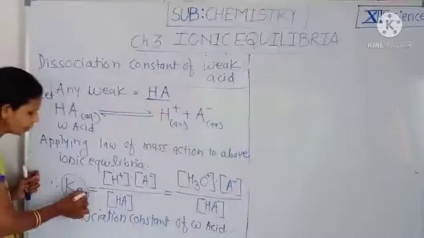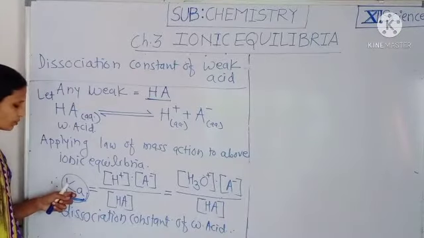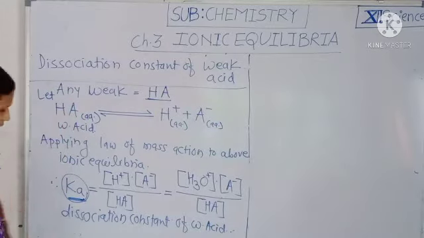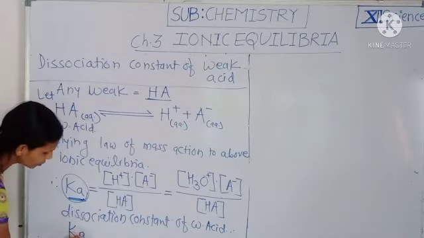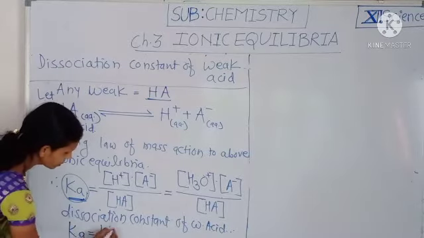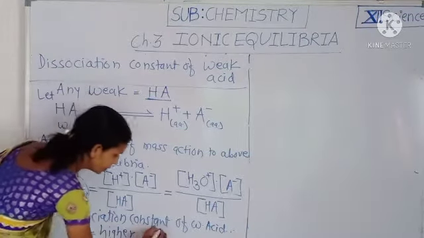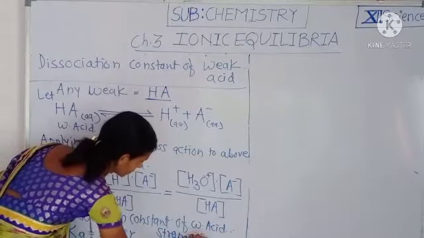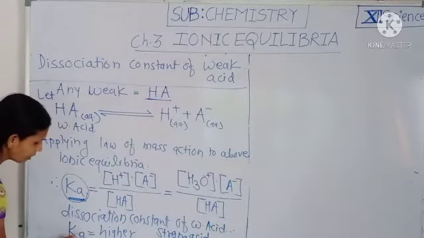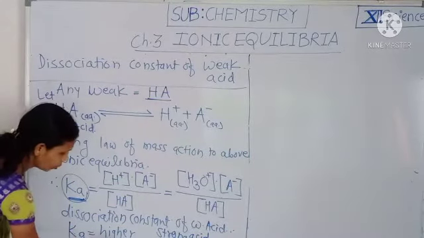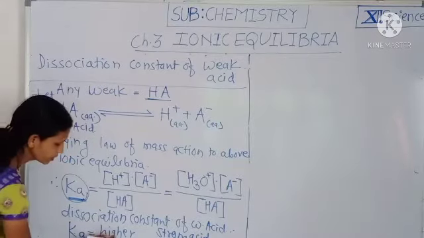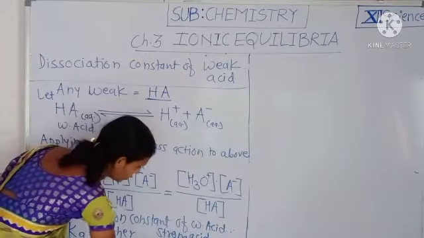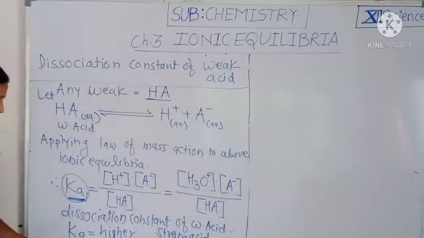Depending upon the value of Ka, we can determine the strength of that acid. If the value of Ka is higher, then that acid is a strong acid, and if the Ka value is lower or less, then that acid is a weak acid, or the strength of that acid is less.